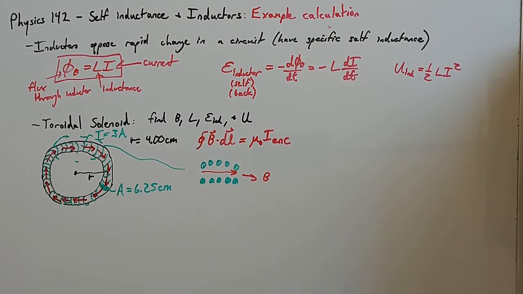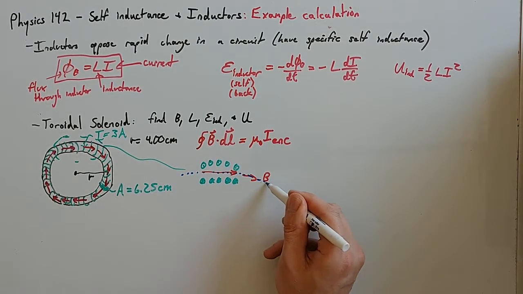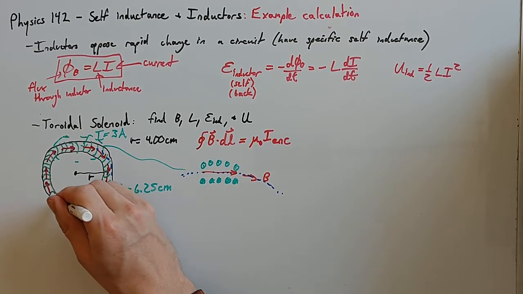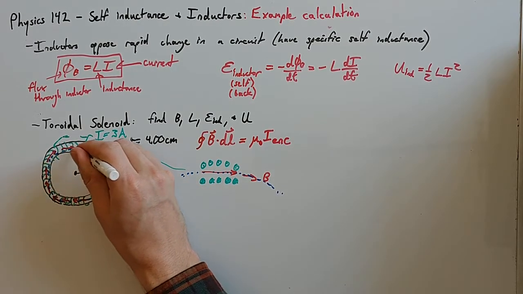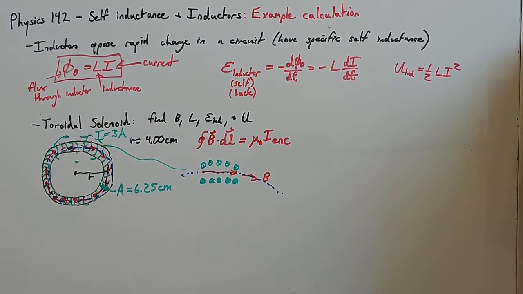Well, I want to imagine a path, walk some path where I'm walking along B. A good path for walking along B is going to be to walk right in the middle. I'll walk right along with B all the way around through all of these loops here. That's a closed path, so I can do that.